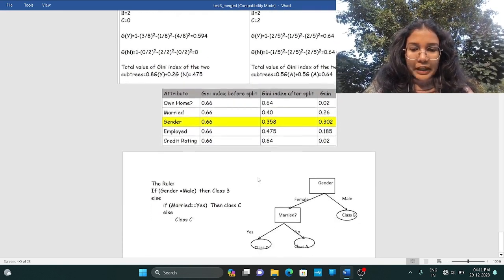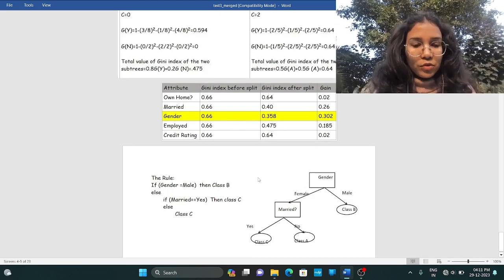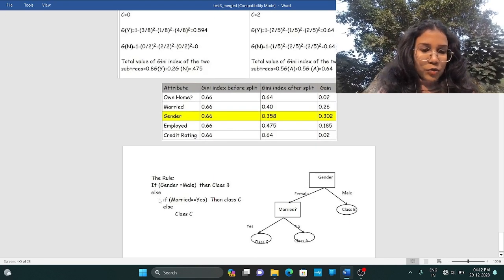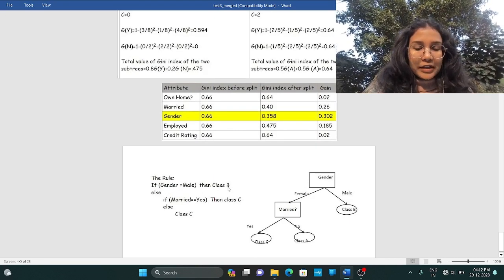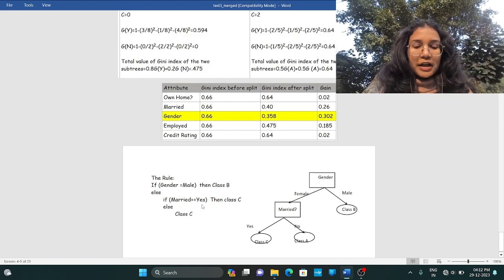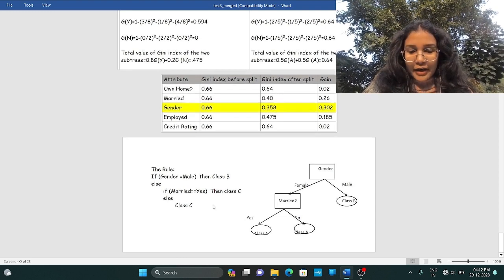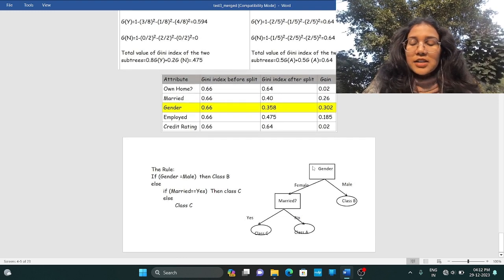Now we obtain the second node. Then the rule is: if gender equals male, then class B. Else, if married equals yes, then class C. Else, class C. And we obtained this decision tree.